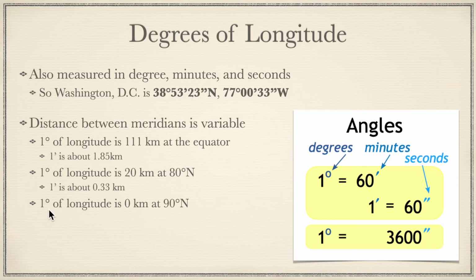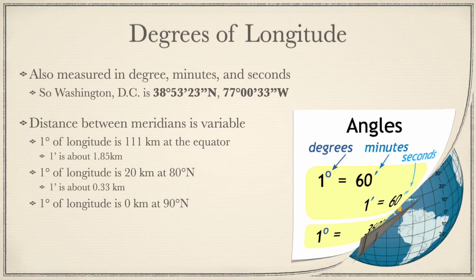In fact, if you get all the way to the North Pole, which is 90 degrees north, 1 degree of longitude is 0 kilometers. There is no longitude when you're at one of the poles. And again, you have the same sort of thing here with your angles. 1 degree is 60 minutes. 1 minute is divided into 60 seconds. So therefore, 1 degree is also 3,600 seconds.